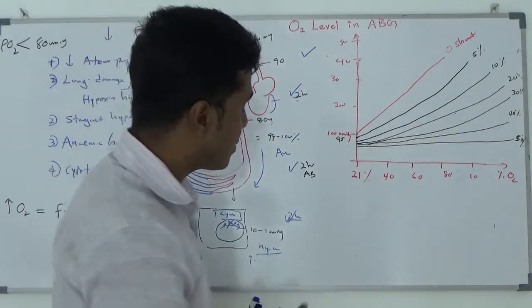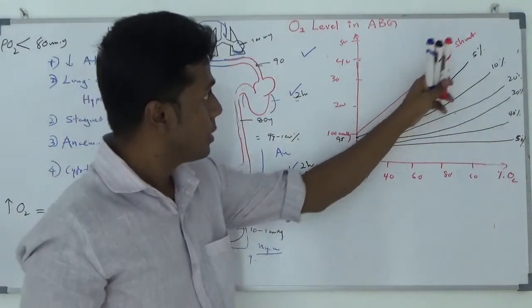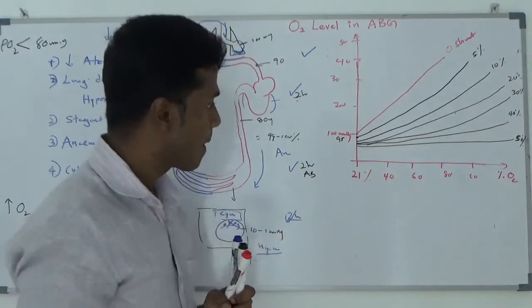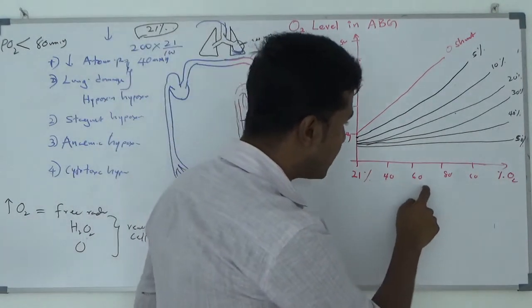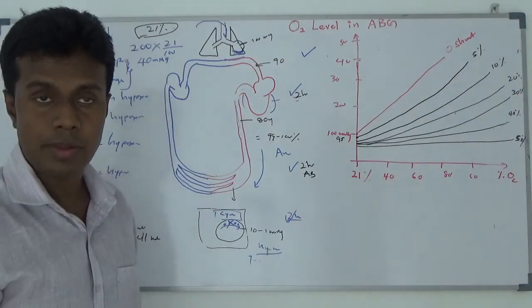When I increase the partial pressure, it gradually increases the partial pressure of oxygen in the blood. But when your patient has a disease, the amount of increase is gradually reduced.